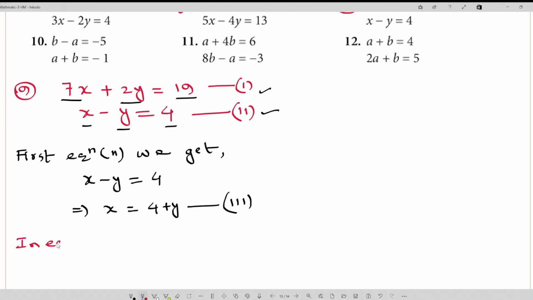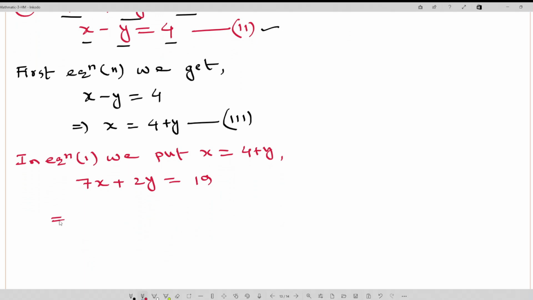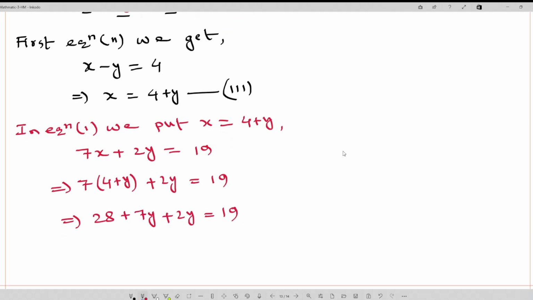In equation 1 we put x equals 4 plus y. So 7x plus 2y equals 19, so 7 times (4 plus y) plus 2y equals 19. So 7 times 4 is 28, 7y plus 2y equals 19, right?